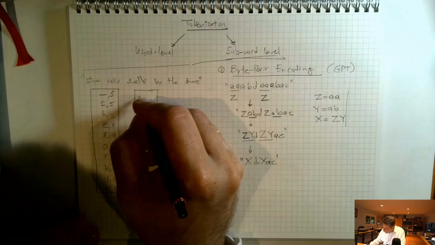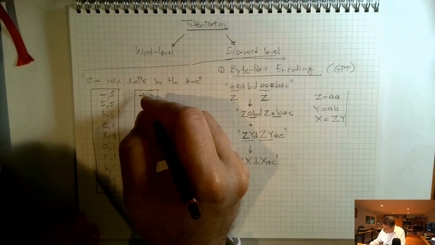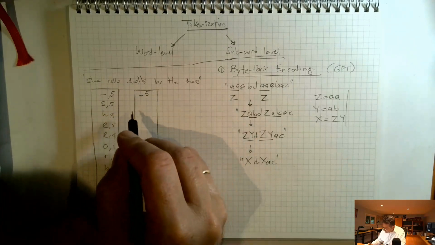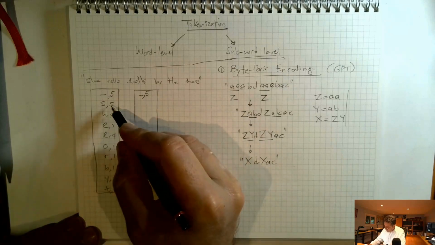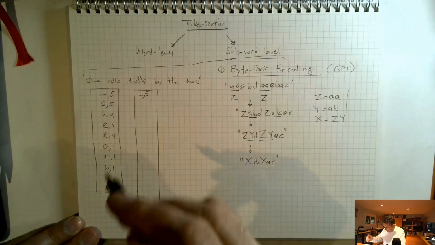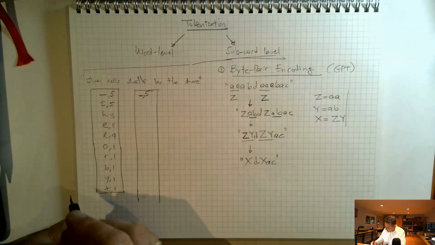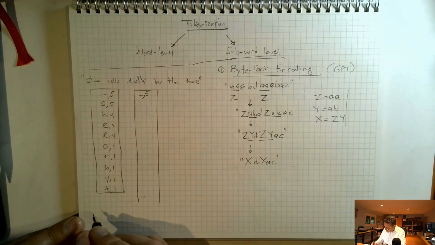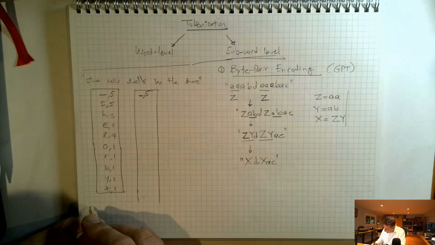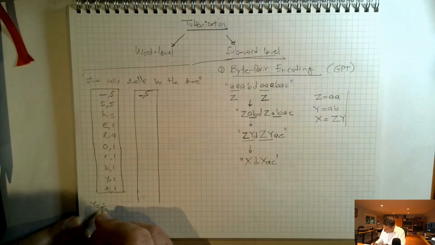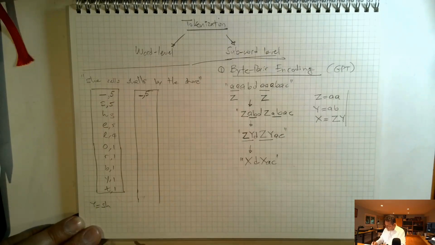I'm not going to write everything, but I'm going to change the frequencies, because the merging will change the sentence. Let's replace with Y the SH that we decided to merge.